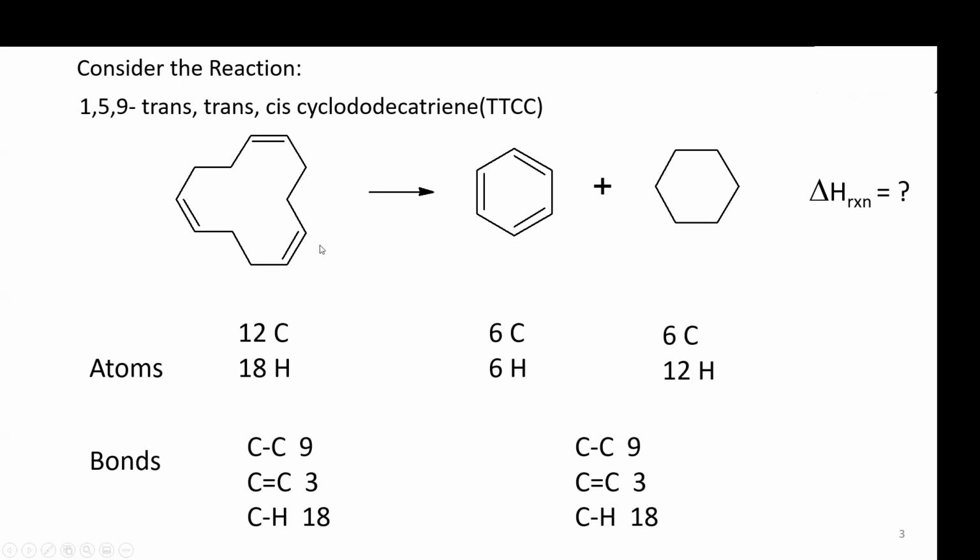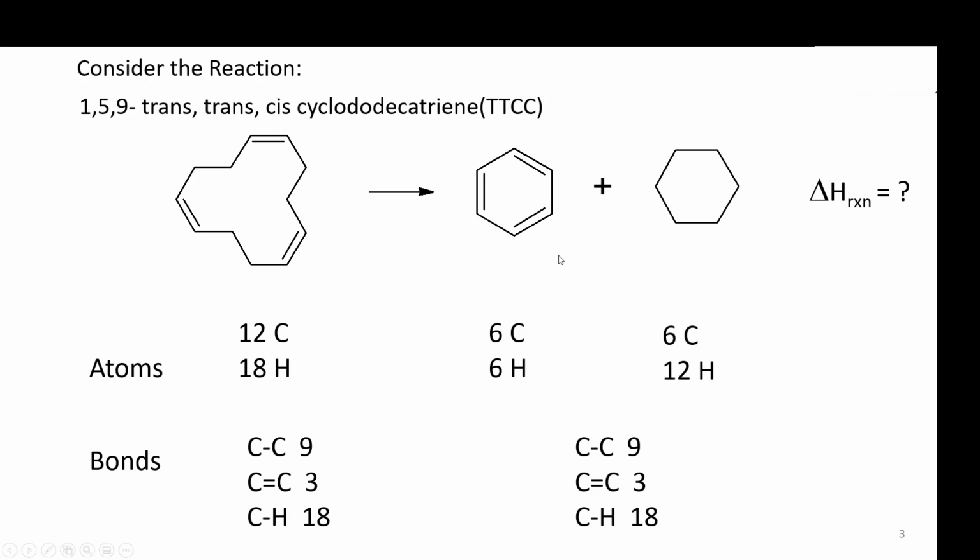And in this case, the carbon-carbon double bonds are not conjugated, okay? If we look at the chemical bonds on the right of the equation, still 9 carbon-carbon single bonds, 3 carbon-carbon double bonds and 18 carbon-hydrogen single bonds. So that's exactly the same as before: same amount of atoms, same amount of chemical bonds.